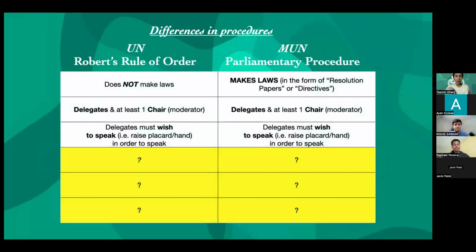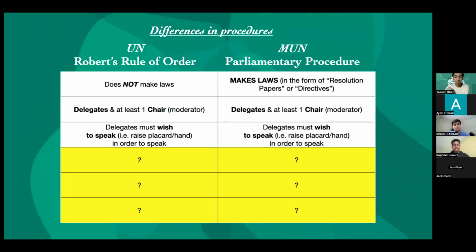Okay. And so remember that because parliamentary procedure is involved with creating and changing laws, that means that parliamentary procedure is a little bit more complicated than Robert's Rule of Order. It has more going on because it has the lawmaking part of it. It's not just the discussion, it's also writing down on paper what the solution should be to problems and what they should do about it, right?